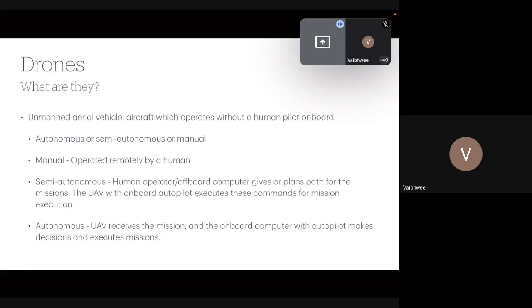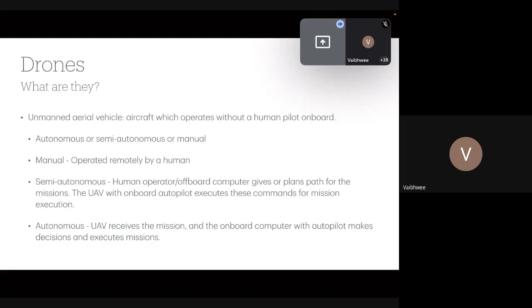Once the mission is received, the drone takes into account the mission parameters and decides the path that it is supposed to follow and the commands that it is supposed to execute, and proceeds with its decision to execute the mission. So the human, or the external computer, is only involved in giving the mission parameters to the drones. That is where we call it autonomous.